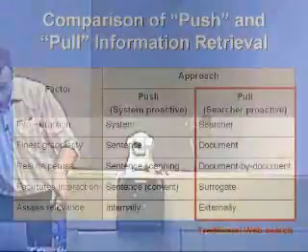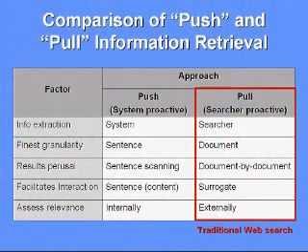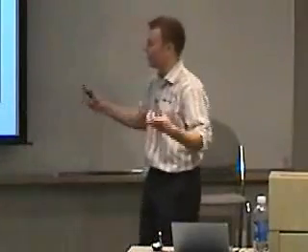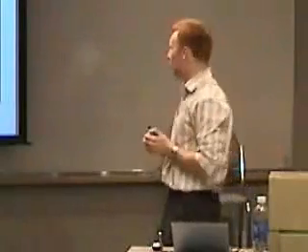Okay, so we've got this content-rich interface here. From that, I jumped onto this idea of push and pull information retrieval. Pull information retrieval is basically what happens right now. You, the searcher, have got to go into the document and extract the information that you're interested in.